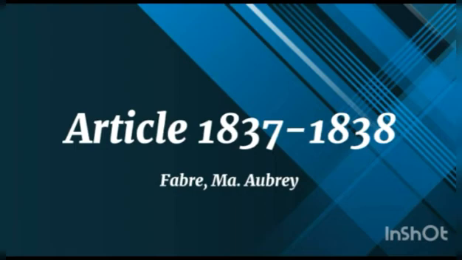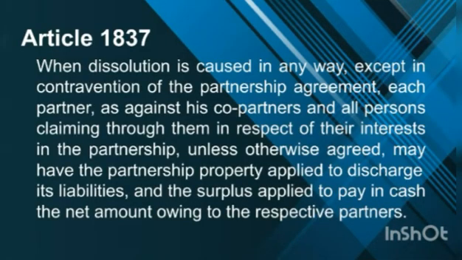Article 1837. When dissolution is caused in any way except in contravention of the partnership agreement, each partner, as against his co-partners and all persons claiming through them in respect of their interest in the partnership, unless otherwise agreed, may have the partnership property applied to discharge its liabilities, and the surplus applied to pay in cash the net amount owing to the respective partners.